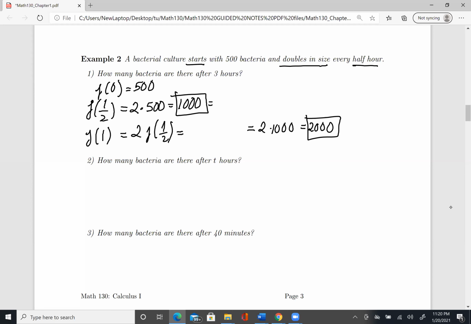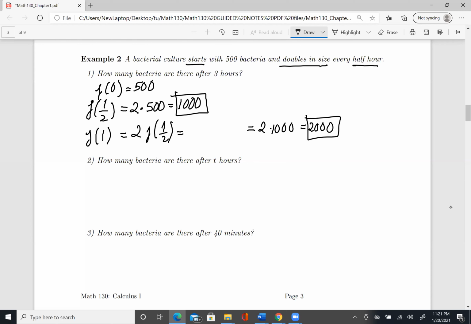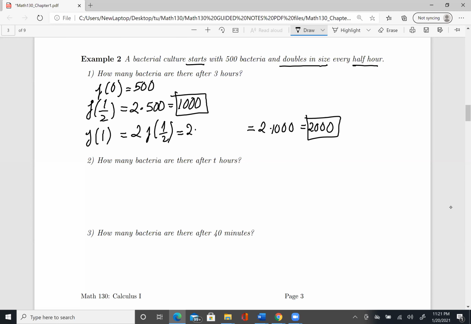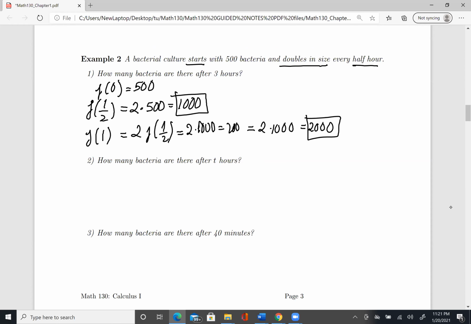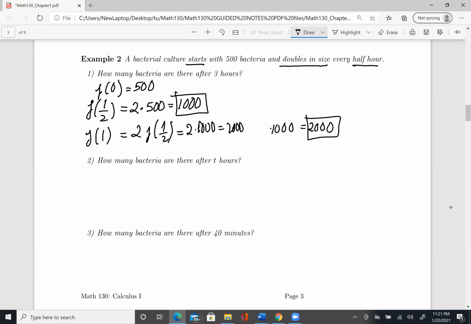So I have the, after 3 hours. So I need to find after 3 hours. Maybe I need to make it smaller. So I make 2 times 1000 here going to be equal to 2000, and this is going to be gone.